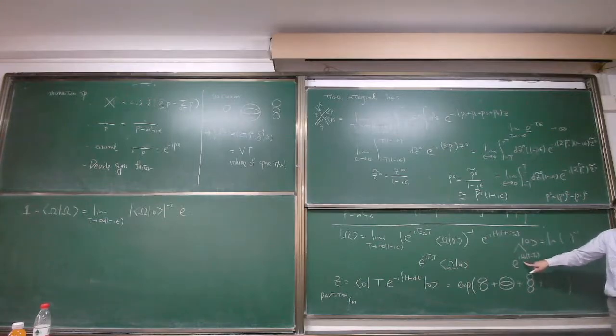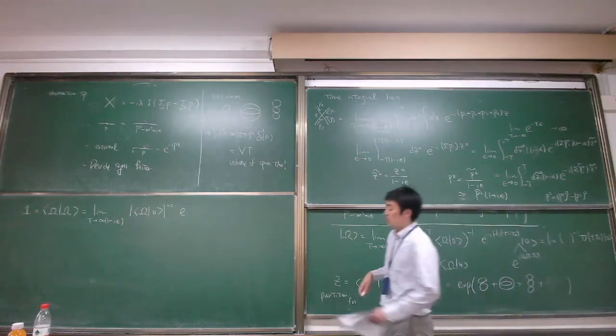So even if you introduce this one, it's just 1. And this factor is actually U(t, t naught).